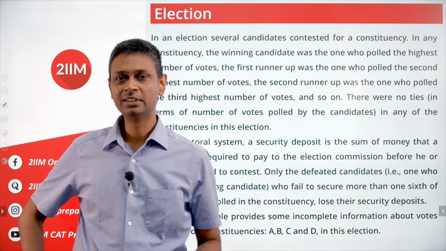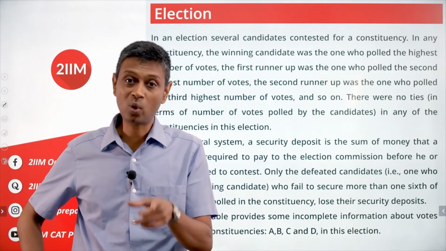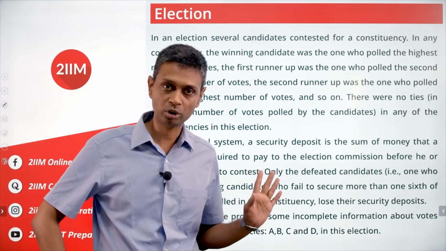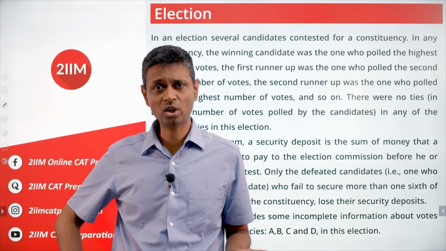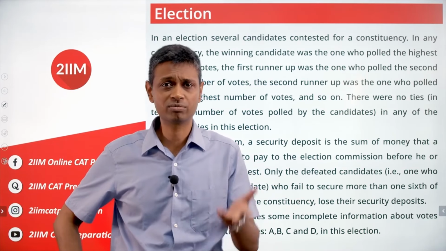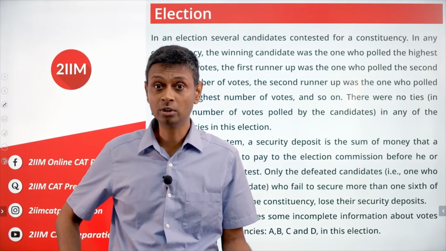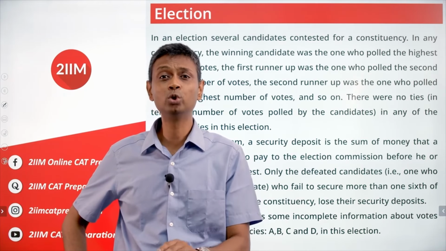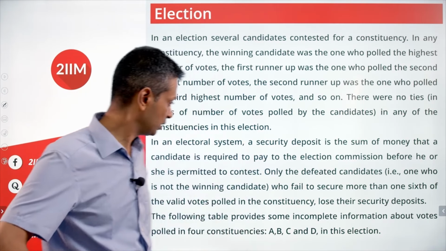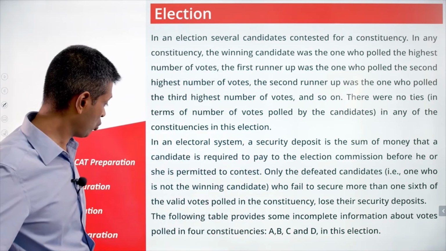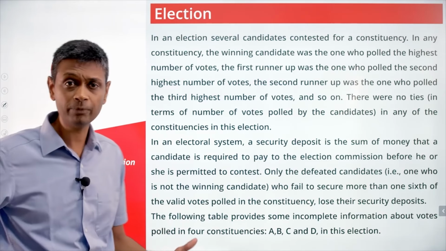If you have been defeated and you've got 1/6 or less, then you forfeit your deposit. If you've got more than 1/6, even if you've lost, then the people seem to like you. That means you've got something going for you. You don't lose your security deposit. Right? The following table provides some incomplete information about votes polled in 4 constituencies, A, B, C, and D in this election.